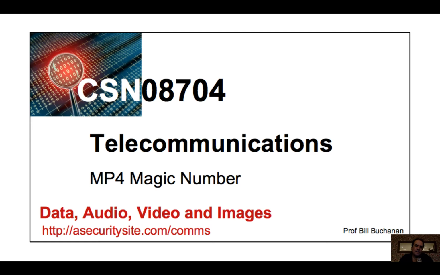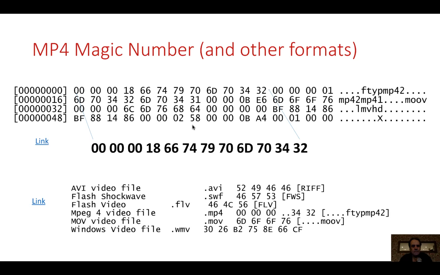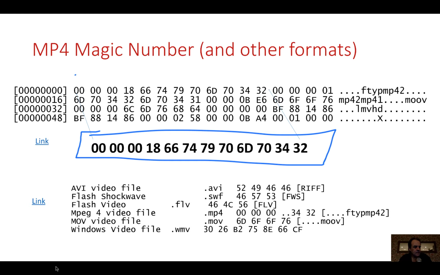Okay, so that's been the coverage of MPEG-4, and let's look at how we can identify an MPEG-4 movie. We often look for the magic number, as we've seen from other files. So the magic number in this case is quite a long one. It's at the very start of our movie. We look for these characters when we're searching for the stream.